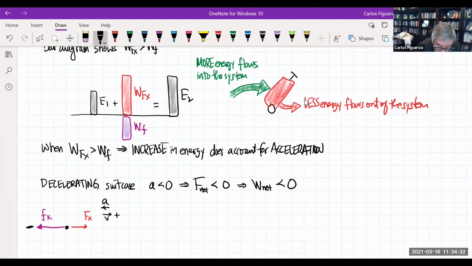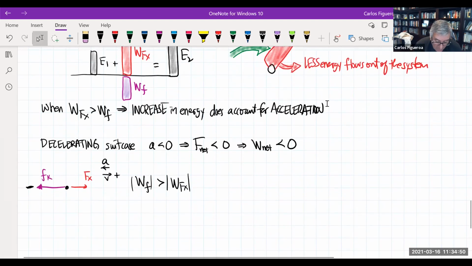So again, the work of friction is going to be, magnitude-wise, larger than the work of f of x. So it's pulling it out.